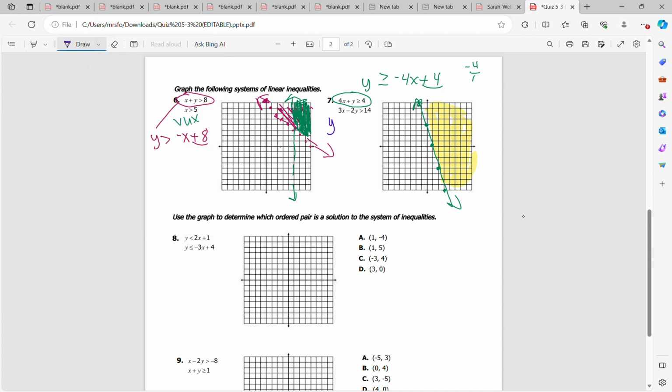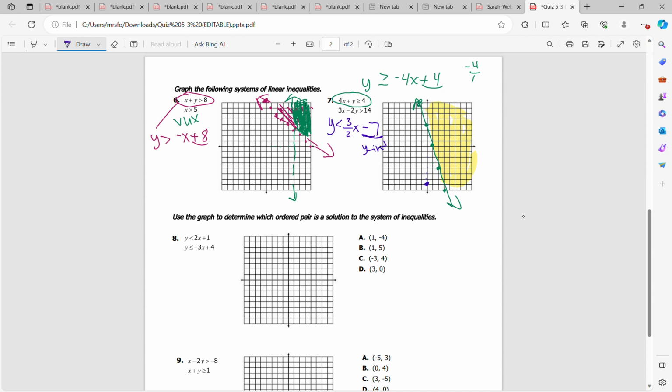Now for the next one, when you solve it, you're going to have to flip the sign. You would have 3 halves x minus 7. You start with the negative 7. That is your y-intercept. So I go down 7, 1, 2, 3, 4, 5, 6.